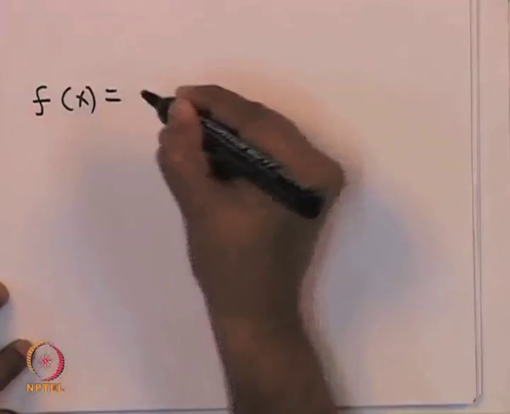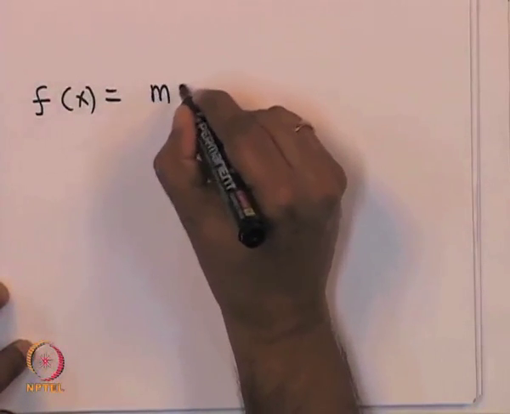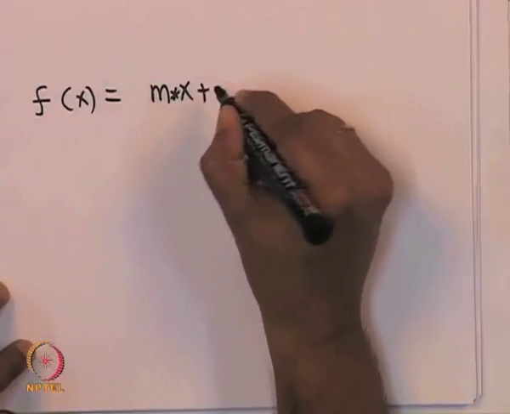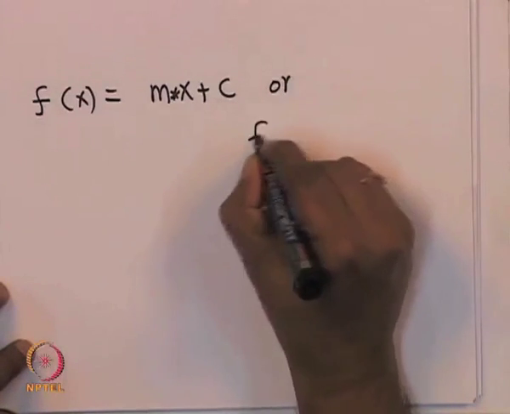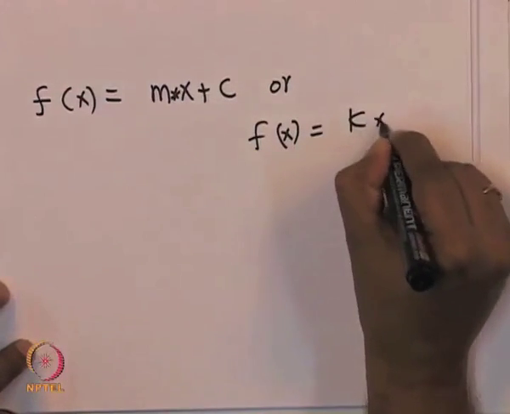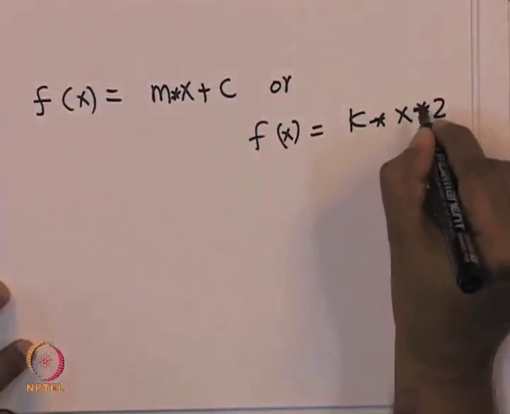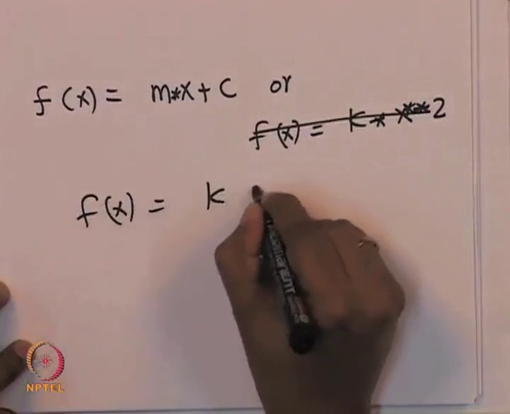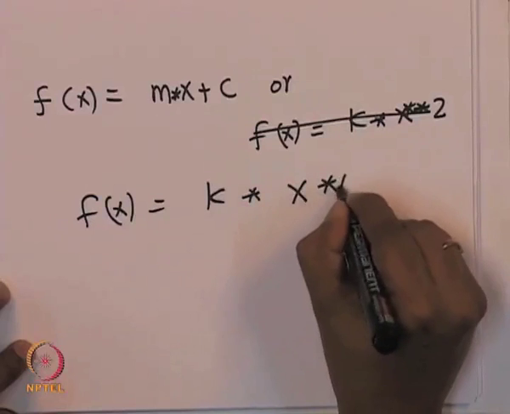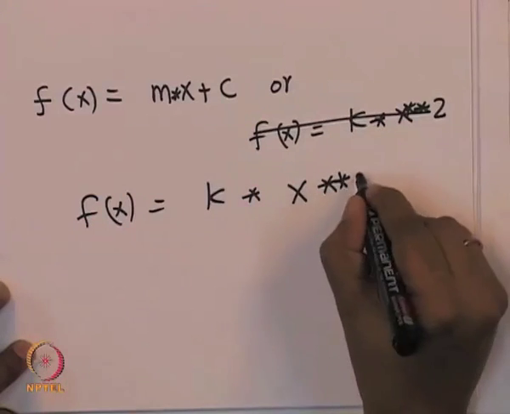So, what we saw is how to fit a function. Let me quickly write here: to fit, you have to have a data file and a function. The command is first you define f of x, for example, equal to whatever function you want, either m star x plus c, or f of x is equal to k star x double star 2, where double star means k x square.